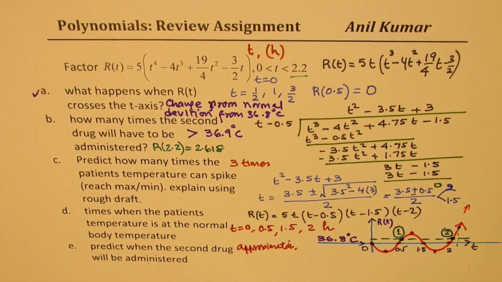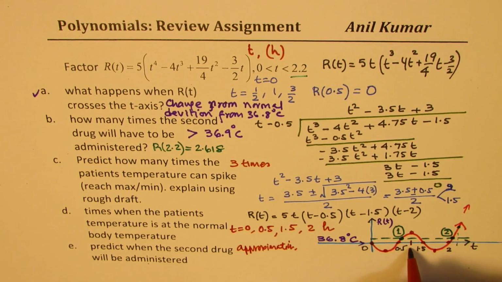Perfect. Now, one more thing which we can find here is what is the maximum variation within this interval, right? So within this interval, after the administration of the first and before the administration of the second time of the new medicine, you can also find the maximum value here, which is predicted to be at 1, right?